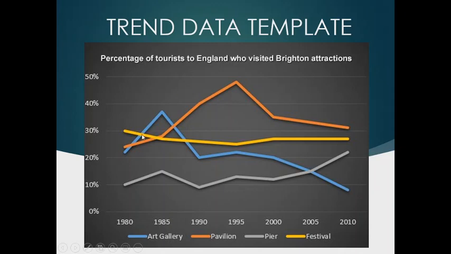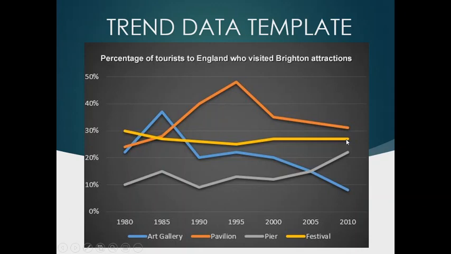So for example, look at the yellow line. The starting data is about 30%, right? Now, the final data is about 28. So 30 to 28.